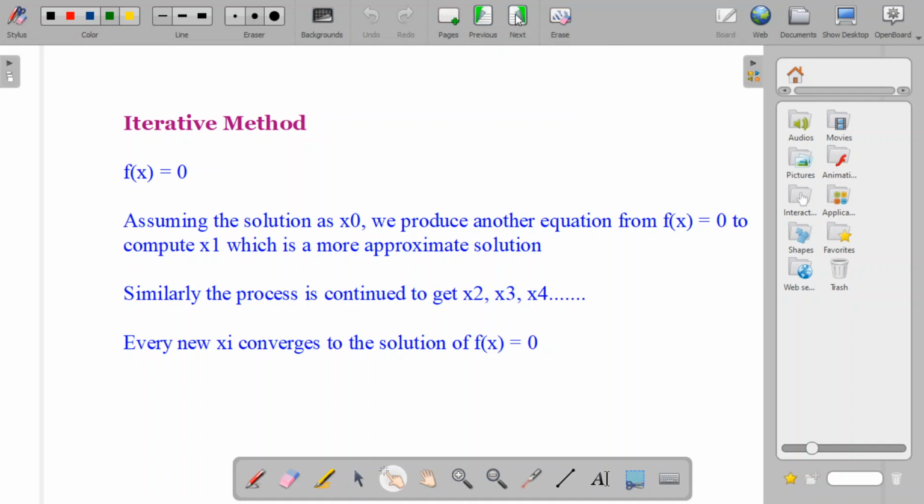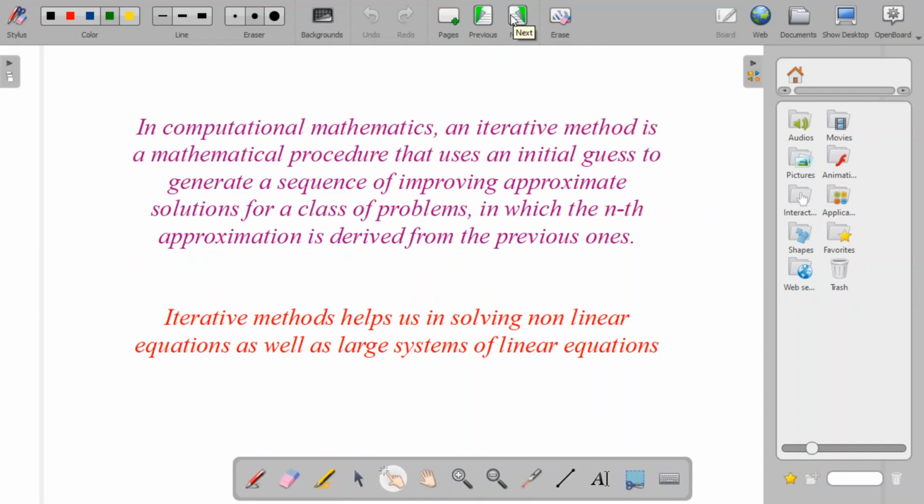Now we shall see, generally, that in computational mathematics an iterative method is a mathematical procedure that uses an initial guess to generate a sequence of improving approximate solutions for a class of problems, in which the nth approximation is derived from the previous one. We saw that we initially guess, then find the next solution.